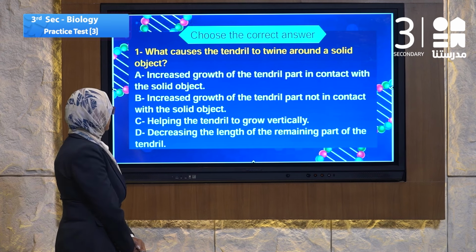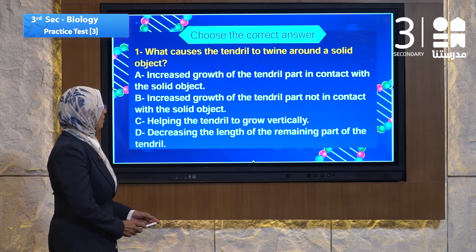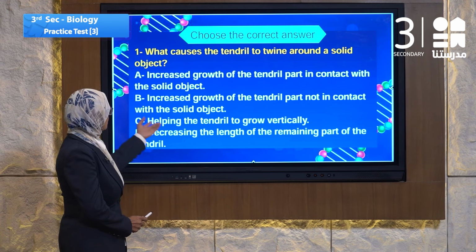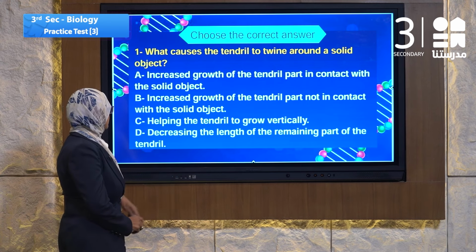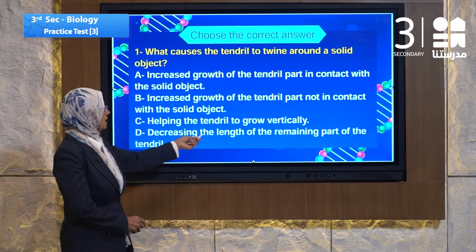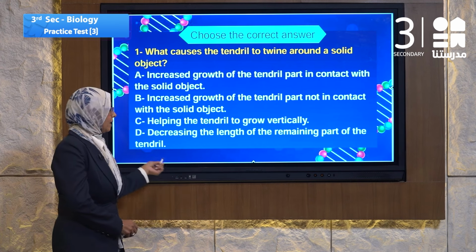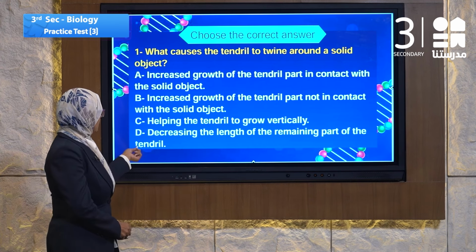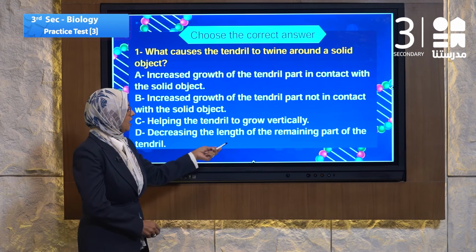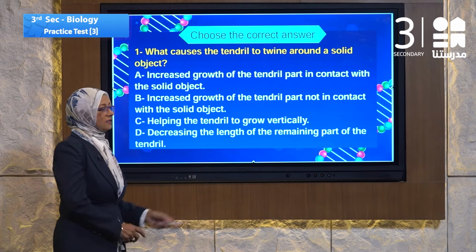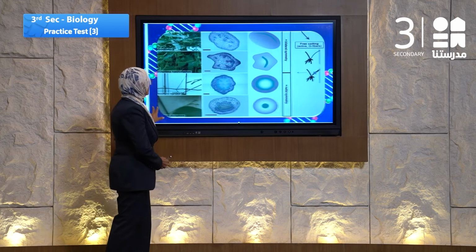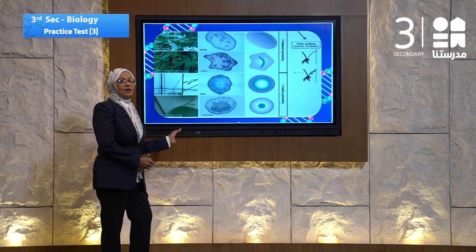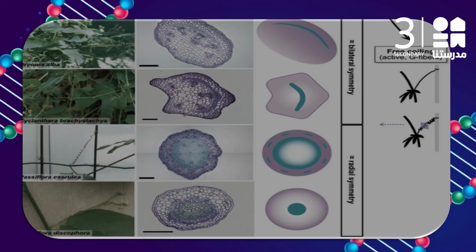Number B, increased growth of tendril parts not in contact with the solid object. Number C, helping the tendril to grow vertically. Number D, decreasing the length of the remaining part of the tendrils. Let's see how the tendril moves. The tendril moves by growth of the tissue.